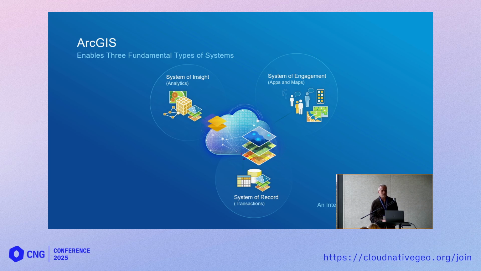So this system really is one that has three fundamental types. There's this system of insight where we're doing analytics. We're gaining new information about the data, about the natural world or the built environment. And the system of engagement.